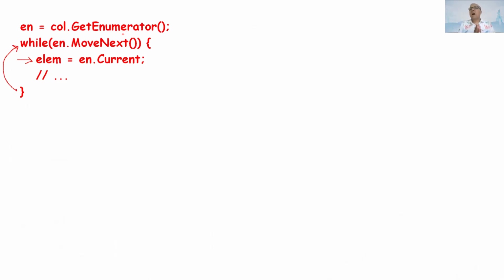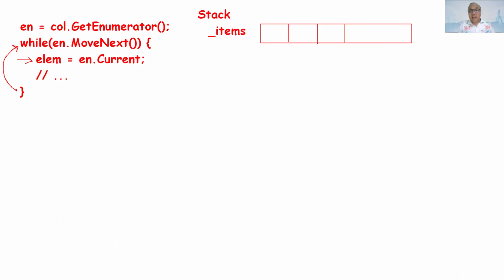Now let us talk about how exactly we can write the enumerator for my stack class. You know that my stack is internally having one items array of elements. For the time being, we have set it to 5 elements. Now, by default, I want the enumerator to keep track, and it should initially be pointing to the before-first position, like -1 in this case, because the first element will be 0, 1, 2, 3, and so on and so forth.